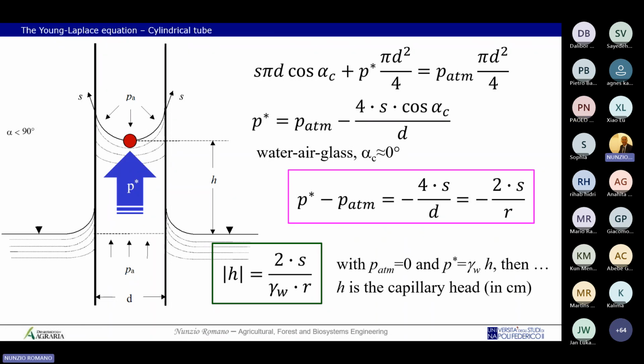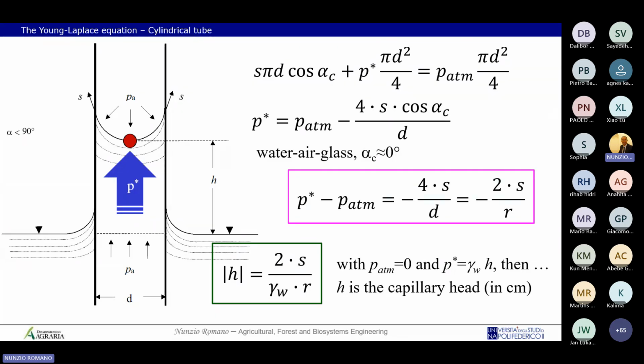Okay. I hope that the exercise is a classic hydrostatic exercise. It's just a classic exercise that helps you to understand how the forces act.